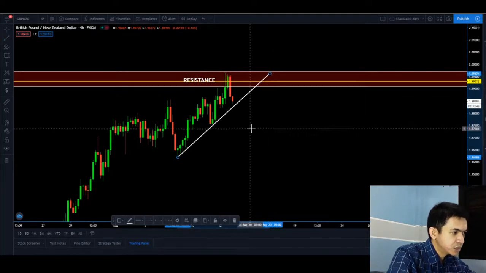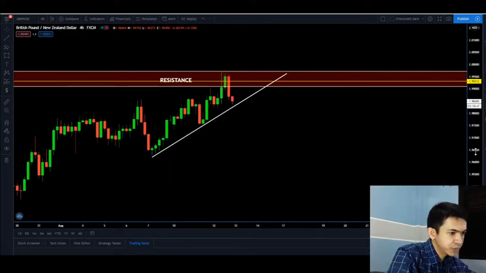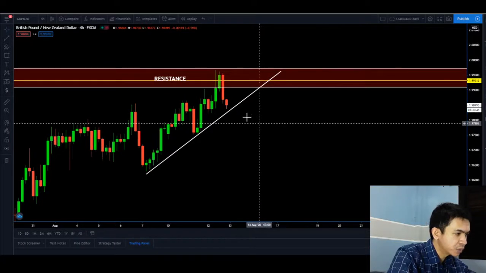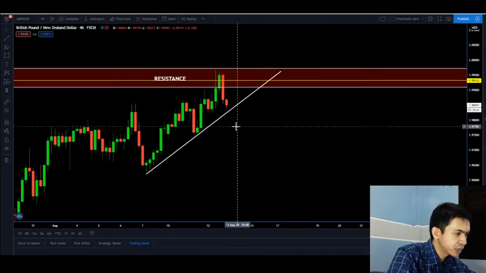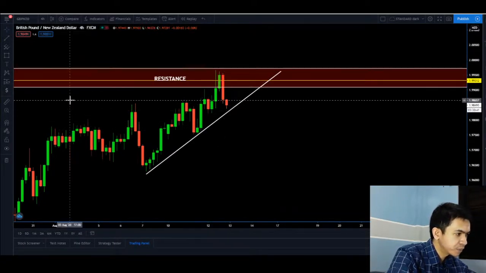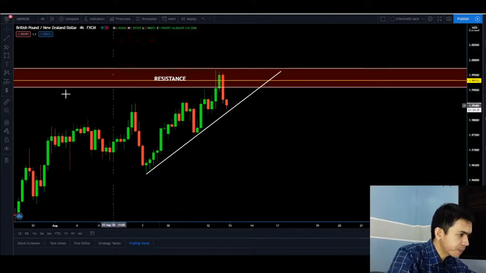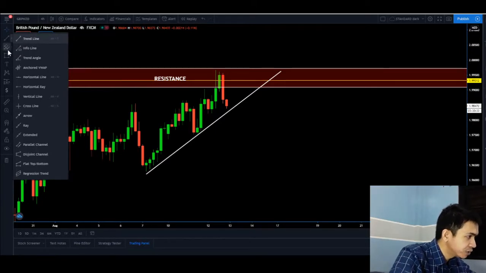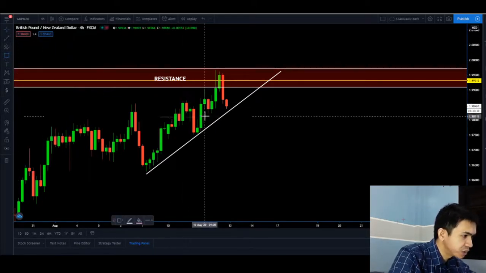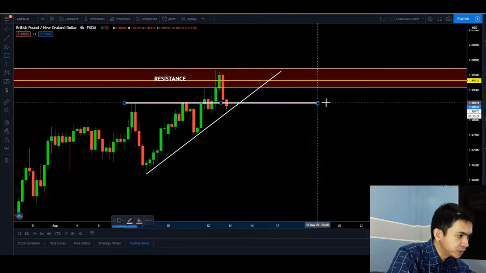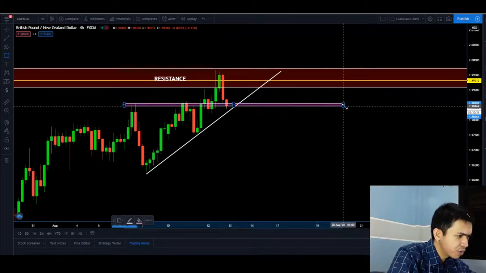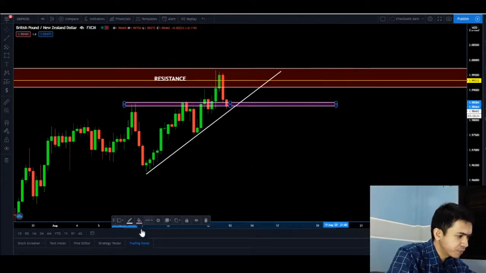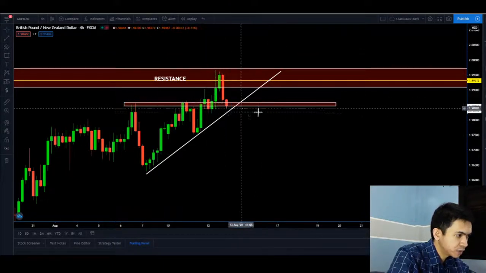So if I'm going to take a short trade, I would want the market to break this counter trend line. I also found another key resistance level or zone here that I would want to consider. We all know this is a key resistance level or zone, right?